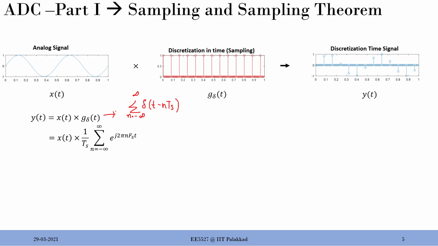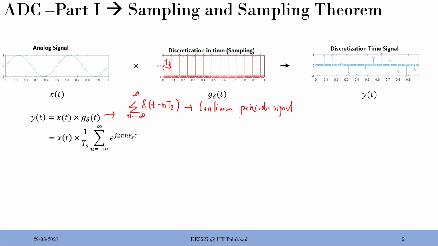This is the literal expression for the delta train. If you observe carefully, this is a continuous signal, but it is periodic. So what is the period here? Its period is nothing but Ts. This is the separation, so the pattern is repeated after every Ts interval. That's the literal meaning of it.